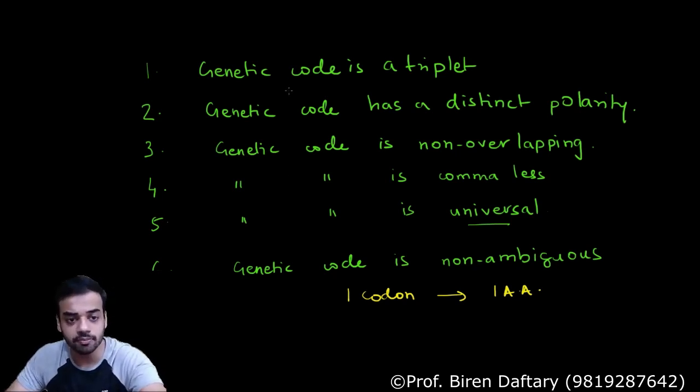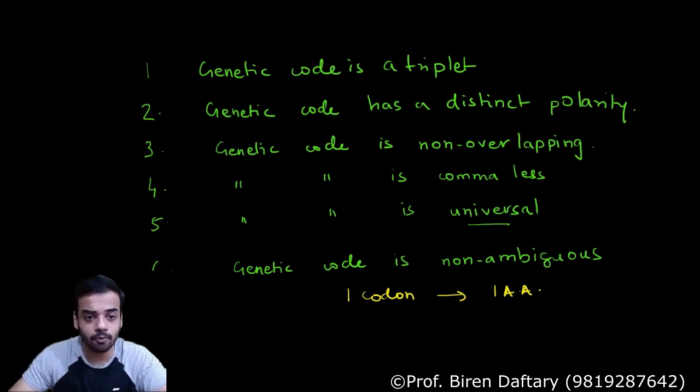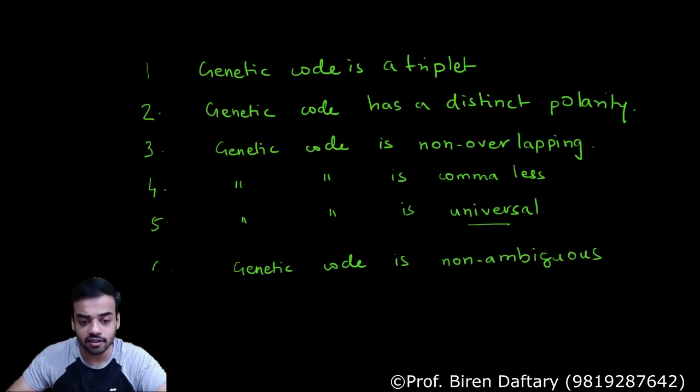Going to the next point, which is point number 7. So I hope this point is clear. Point number 7 is this same thing which I had written. One codon is one amino acid, but now I am writing it ulta. Just pay attention.